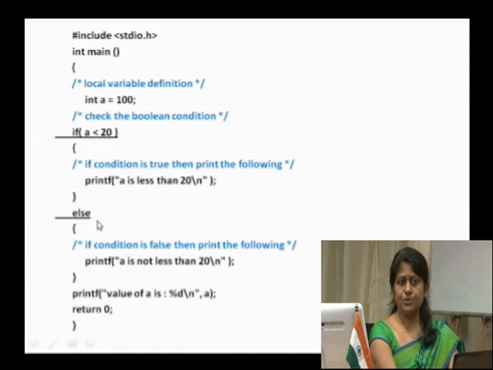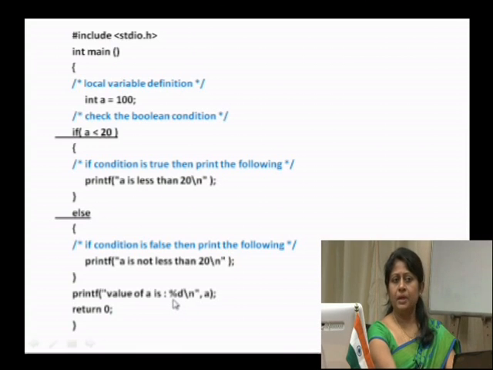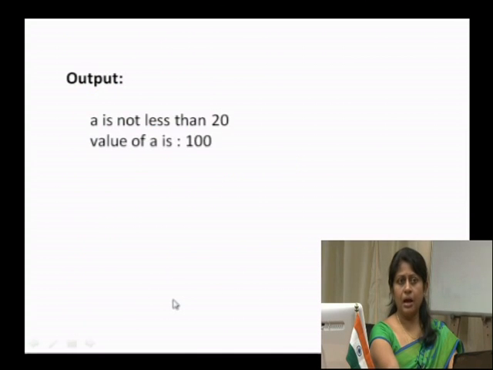It would get into the else code, wherein we are saying printf "a is not less than 20". Following the if structure, we have another statement over here, that is printf "value of a is", where we are printing the value of a. So the output, can you guess? The output would be a is not less than 20 and value of a is 100.